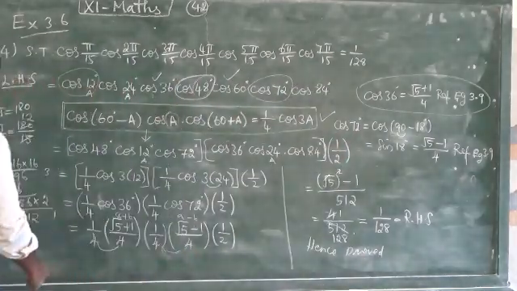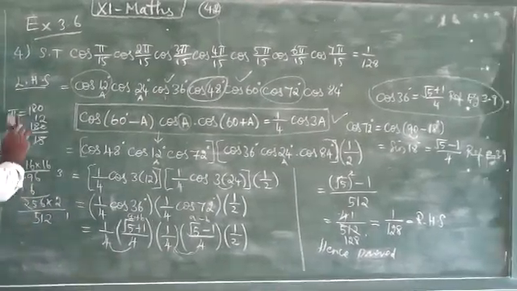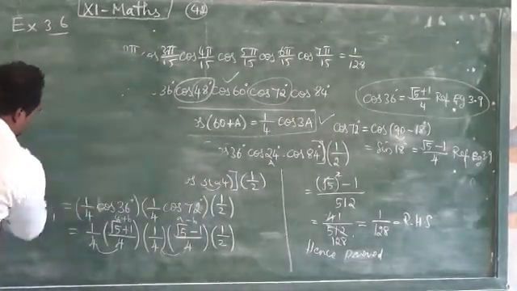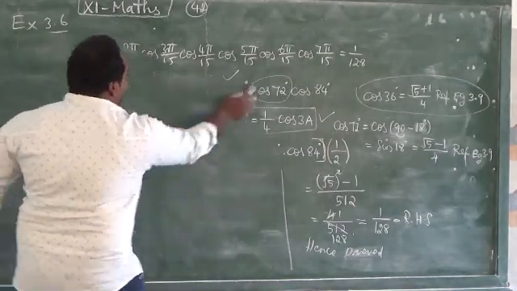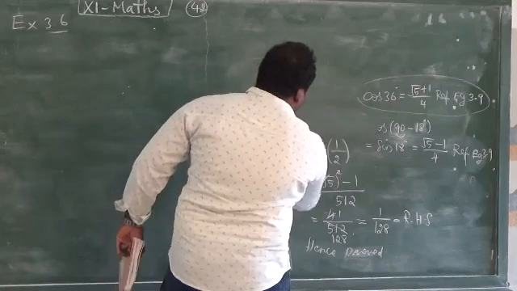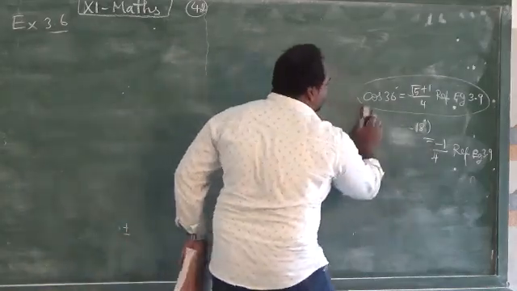So problem number 4 is over. Next problem number 5. These problems are not easy to solve in the examination. At the point of examination, you will have a lot of difficulty remembering the steps. If you want to remember the steps, you need a lot of practice.